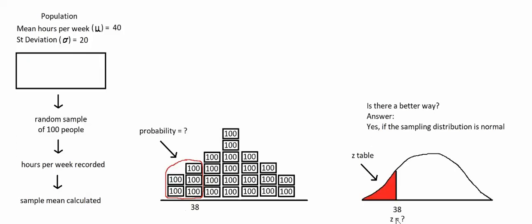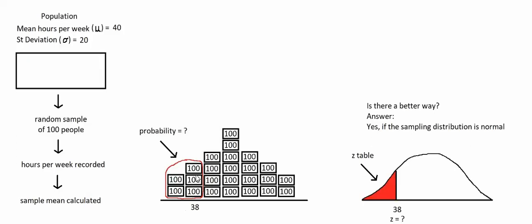But now we're left with a couple of unanswered questions at this point. First of all, how do we know if the sampling distribution is normal in this situation if we can't create the diagram ourselves? How do we know what shape it would have?